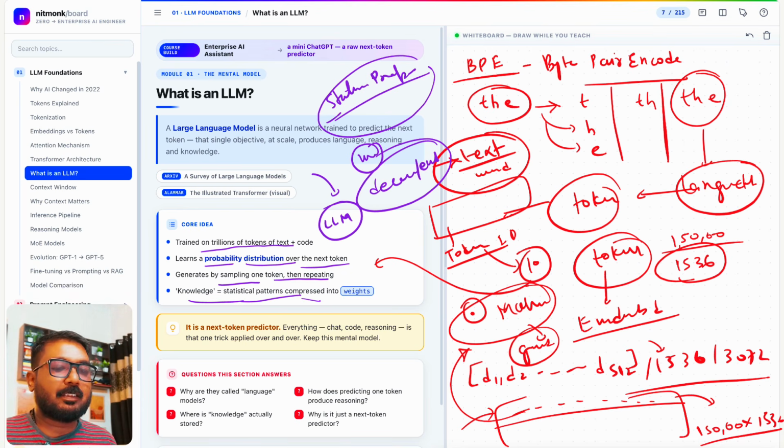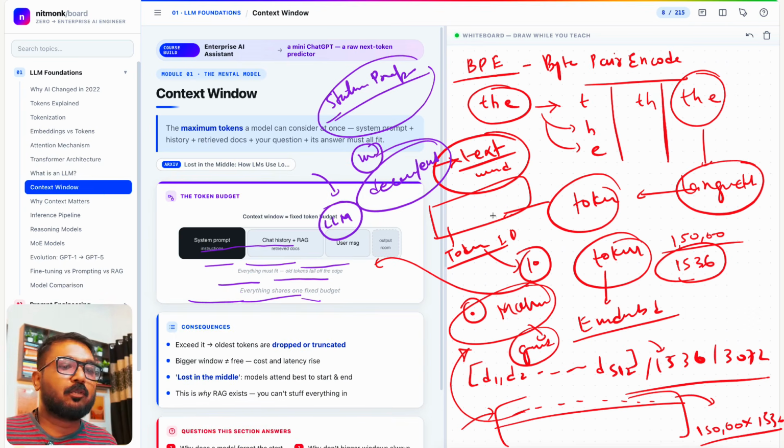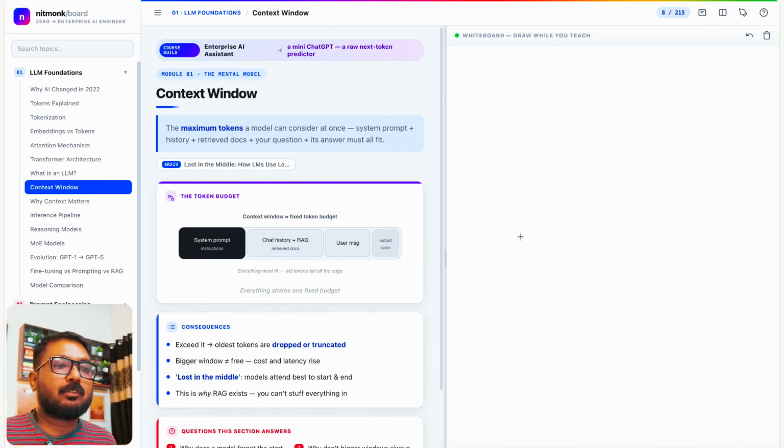So now if someone asks you what an LLM is, you will be able to answer easily. Till now I have told you about tokens and token IDs. I keep repeating until you understand by heart, right?